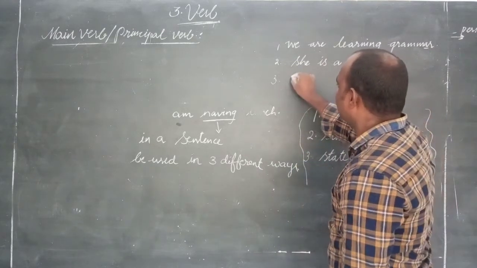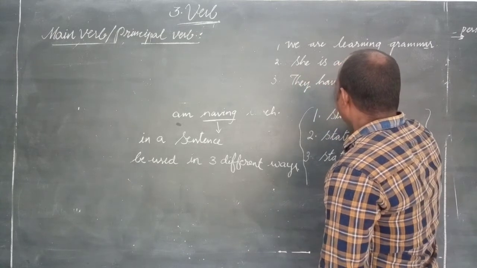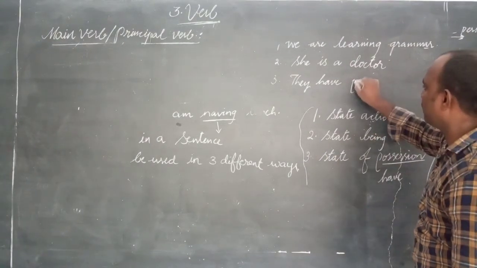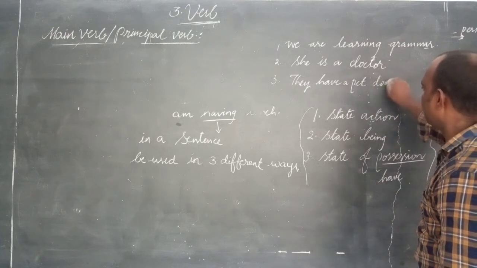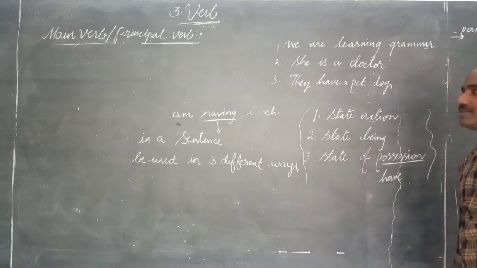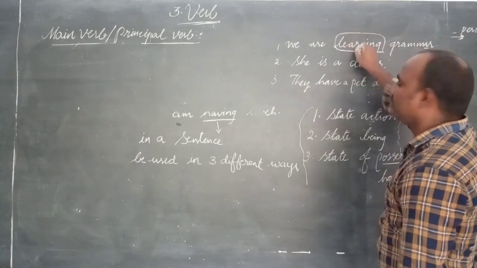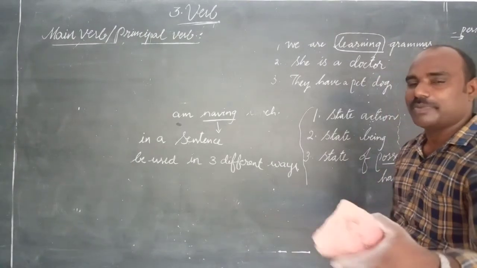Number 3: They have a pet dog. Look at these three sentences. In the first sentence, we are learning grammar. Learning grammar, there is an action. Learning represents an action.